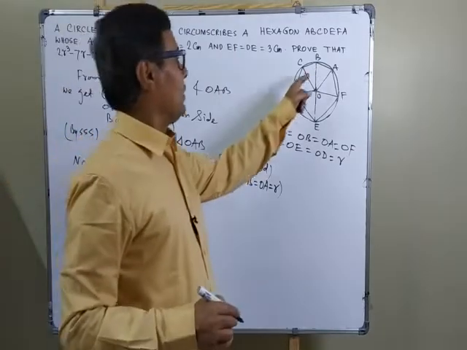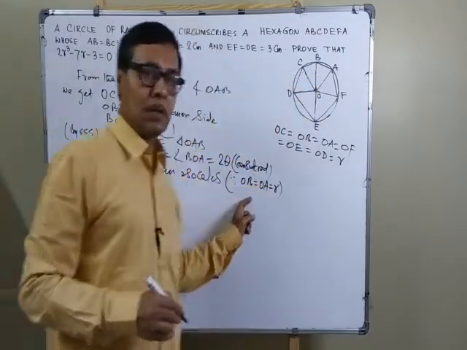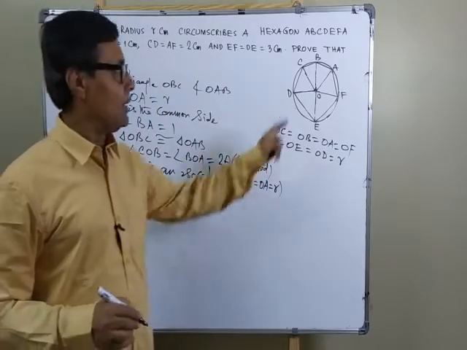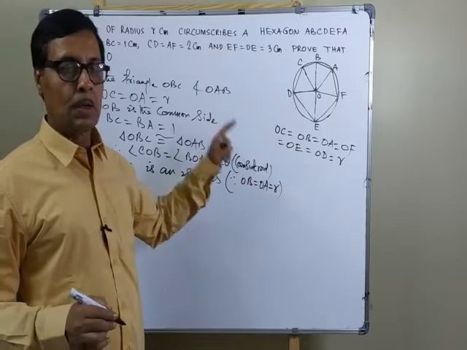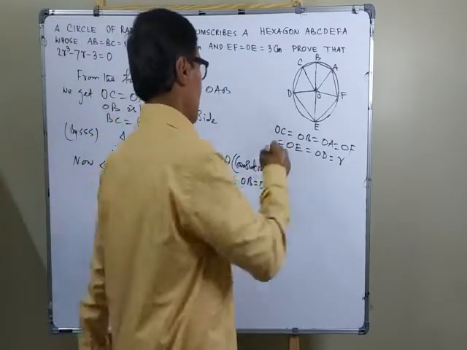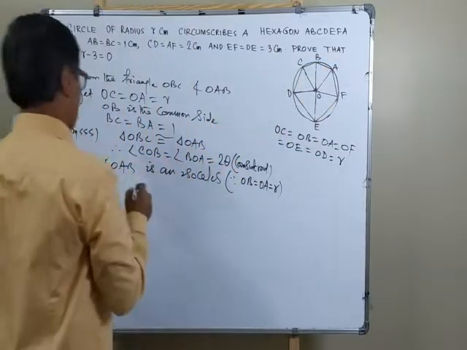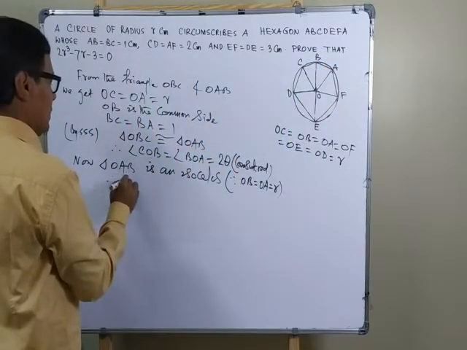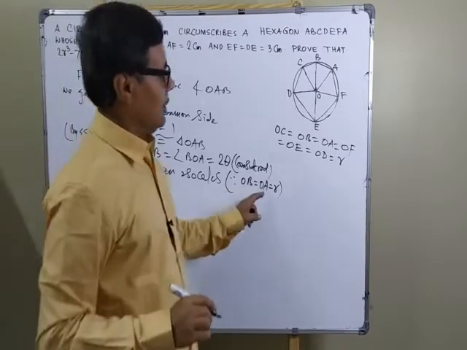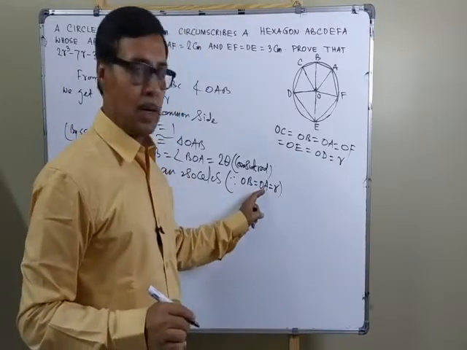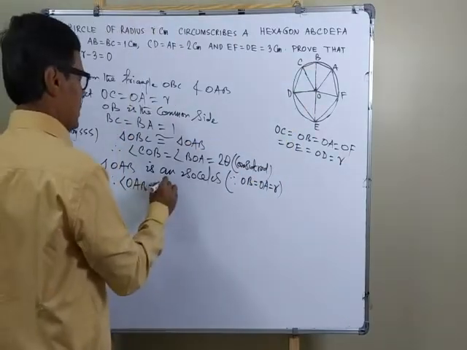The angles which are opposite to these equal sides are equal to each other. So the opposite angle of OB is OAB, and the opposite angle of side OA is OBA. So OAB is equal to OBA.